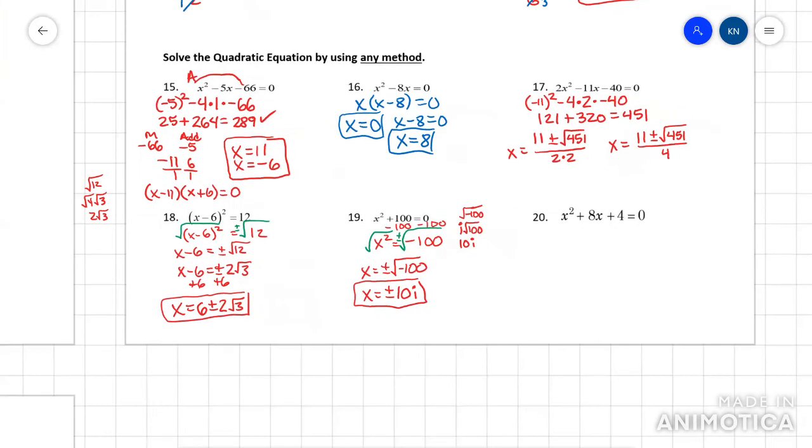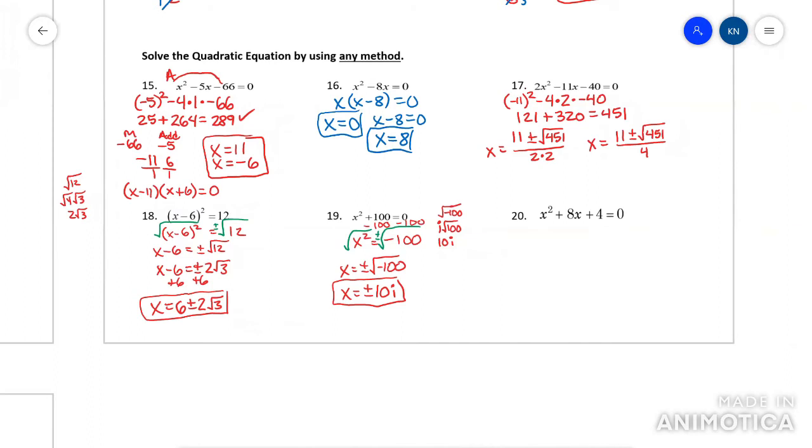Okay, and then this last one. It has three things, so I'm going to run the discriminant to see if I can factor it. So that was b squared minus 4ac. So that's 64 minus 16, which is 48. That's not a perfect square. So I'm going to have to run the quadratic formula on this one.